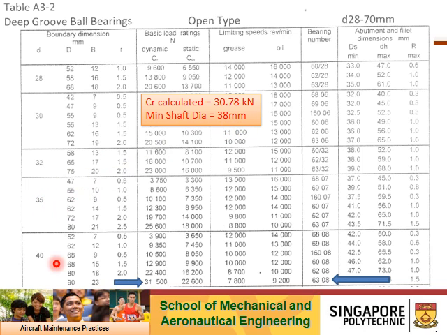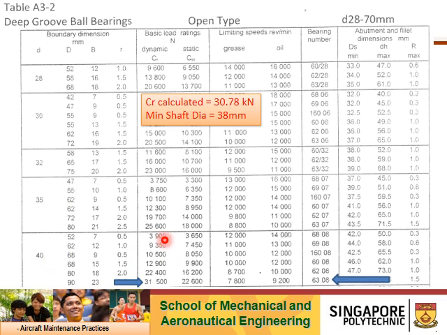So we go to the next level, which is 40. There's no 38. That means the manufacturer only manufactures 28 mm bore, 30, 32, 35, and the next one, 40. If you want a 38, you have to pay a very expensive price to kickstart the production to manufacture a 38 mm shaft diameter for you. So sometimes cost is the issue, so we will choose the next available, 40.